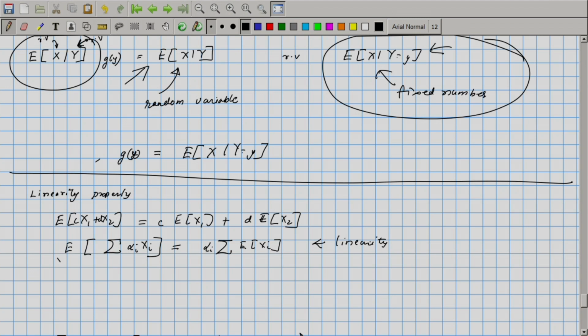One can show that this holds for conditional expectation as well, for both notions, whether you treat it as a random variable or as a fixed number.